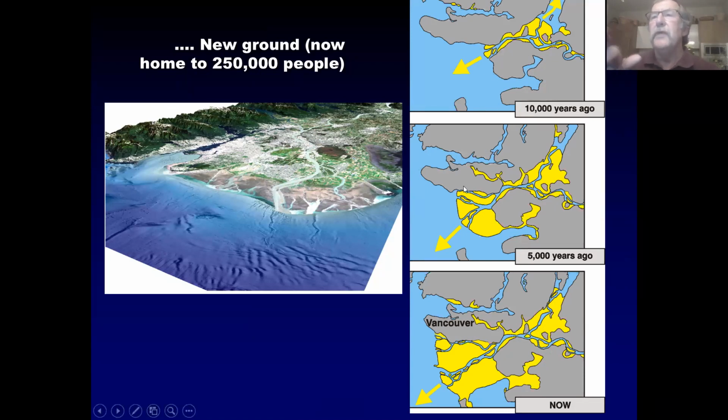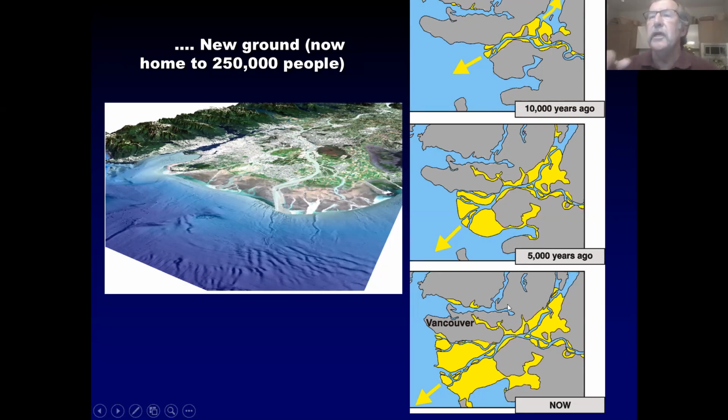And by 5,000 years ago, not only was the Fraser Delta really much advanced, but a former fjord lake or arm of the sea had been filled in the Pitt Meadows area, shown here in this yellow pattern. So there had been a huge influx of sediments between this time and this time.